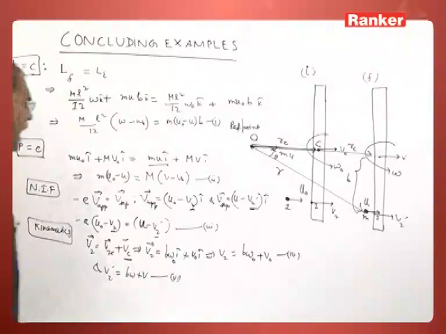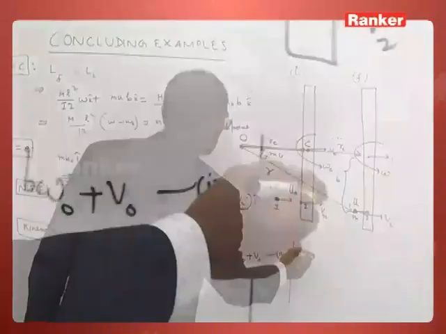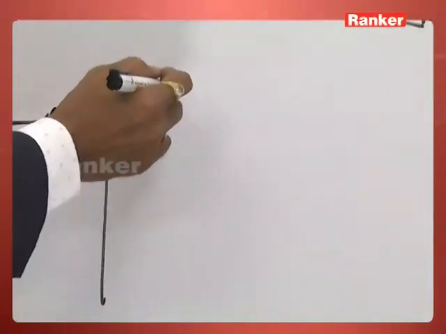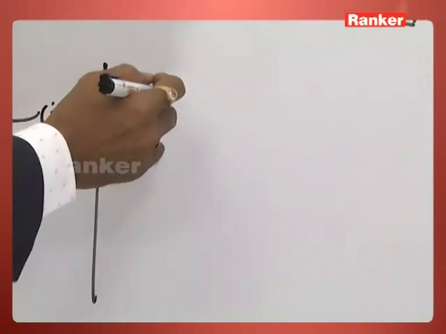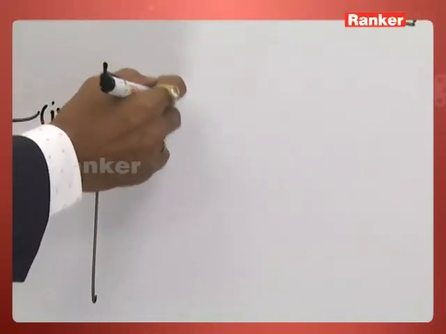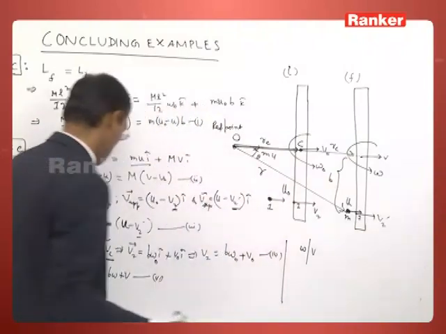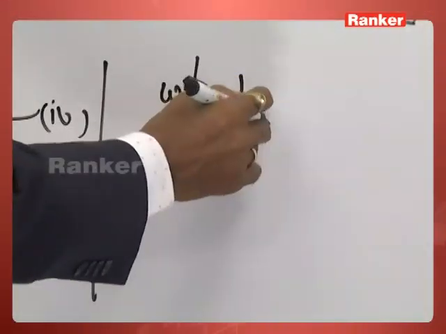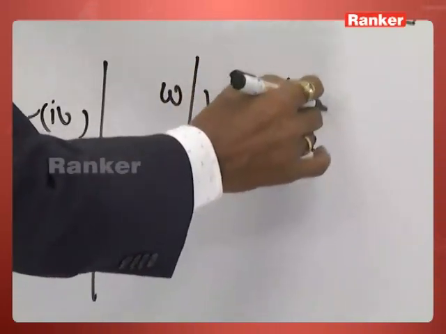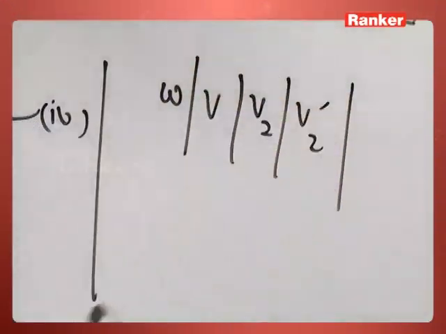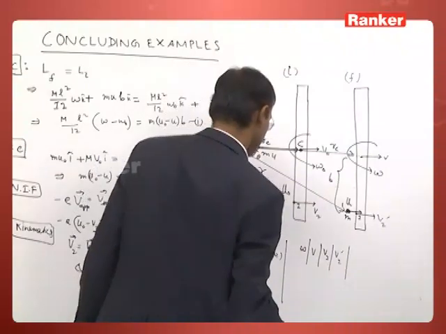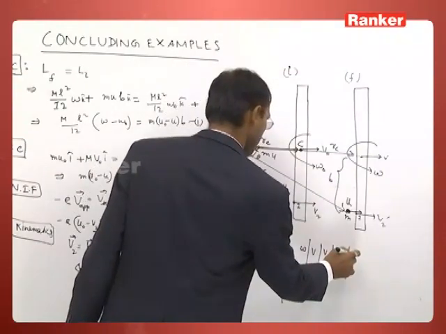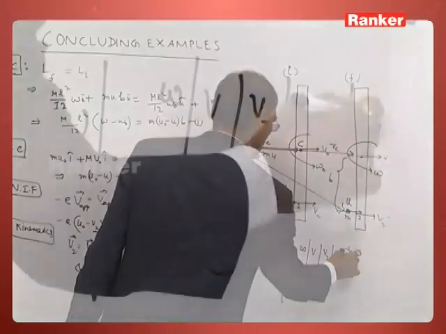So we have 5 equations and 5 unknown quantities. The unknown quantities are omega, v, v2, v2 dash, and u.